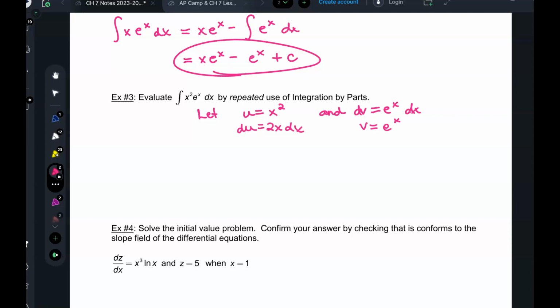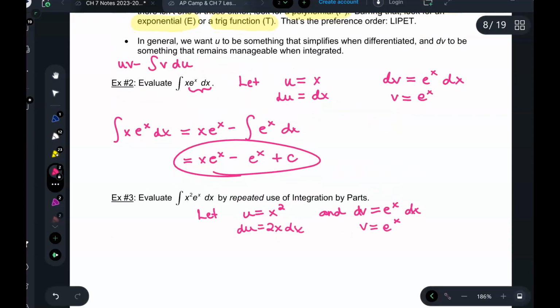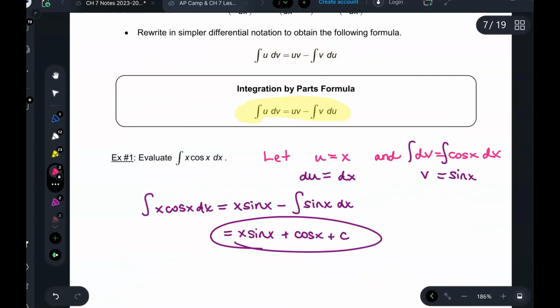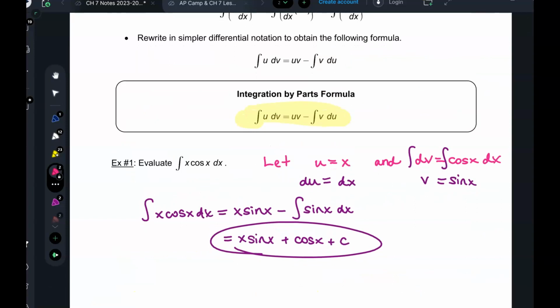For example 2, why is it the integral of x e to the x dx instead of just the integral of x? Because on the other page the formula is the integral of u. Oh, okay. I think what you're mixing up here is that this is us taking it apart.